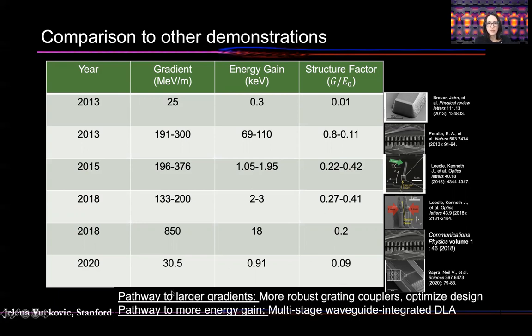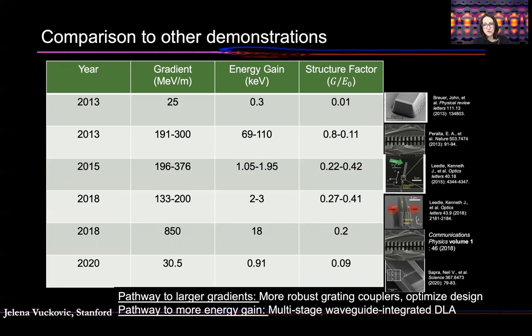So we're here at the bottom. The previous result, measurements done at UCLA in Peter Musumeci's group, employed the same structures that were used in initial Stanford experiments by Bob Byer's group, and demonstrated an acceleration gradient of 850 mega electron volts per meter. That's an improvement by a factor of about 4 relative to the initial Stanford experiment, simply based on different excitation.